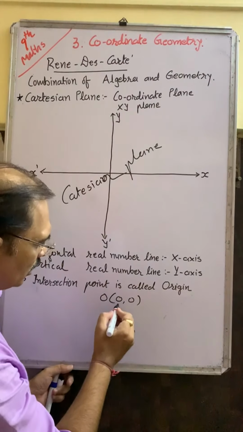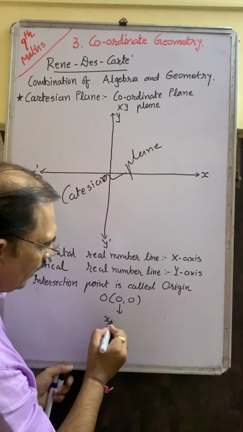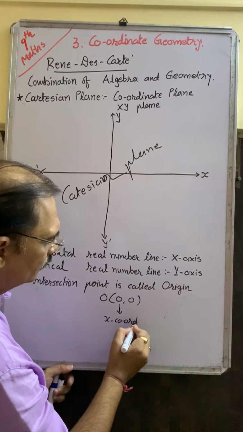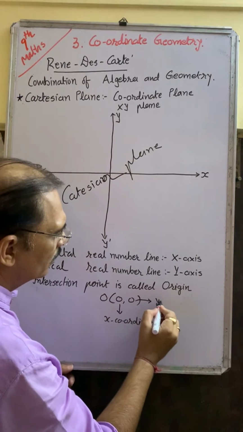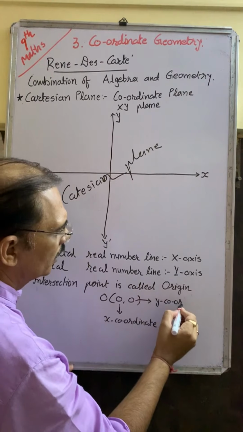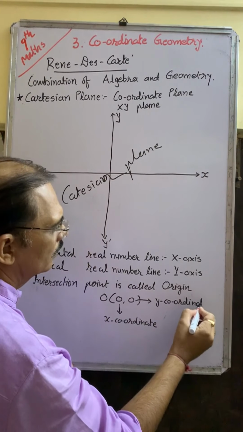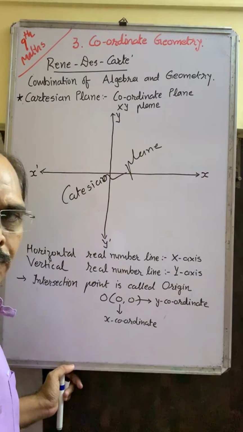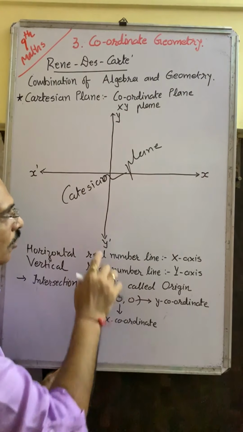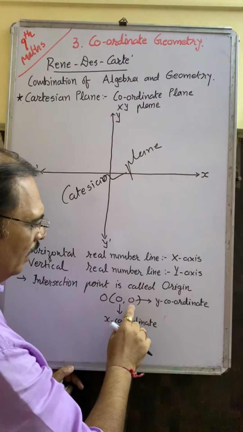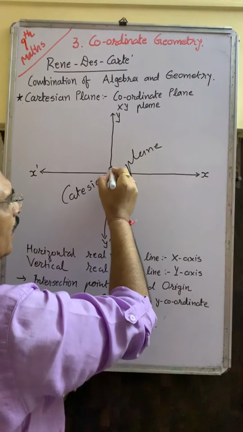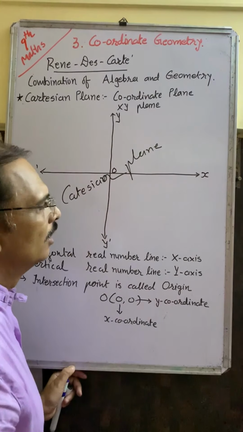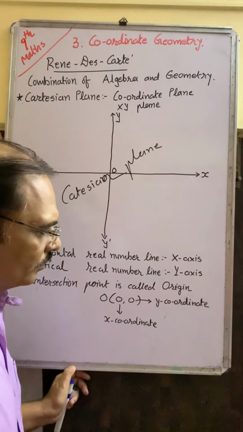Remember, the first coordinate is called x coordinate and the second coordinate is called y coordinate. Okay, first always the x coordinate from the x-axis and second, always written, the y coordinate from the y-axis, and this intersection point is called O, origin.